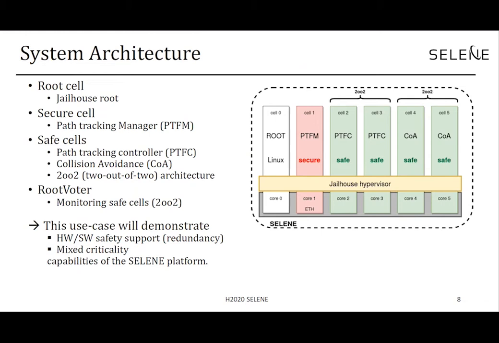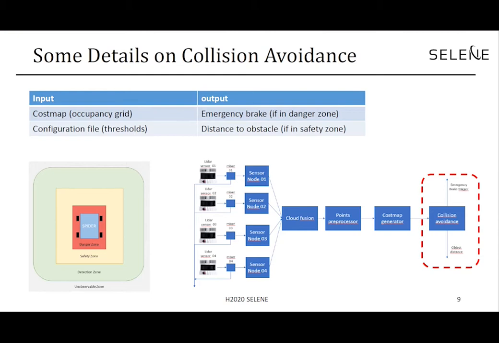So in the end, within this use case, we will be able to demonstrate a lot of the hardware and software safety support which was done in the SELENE project, and we will run this mixed criticality application like sketched on the right-hand side.